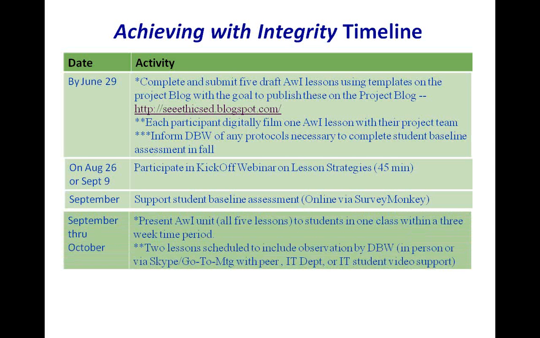And then the big chunk, or the important thing, is actually presenting your set of lessons in one class, and to do so preferably within a 3-week period. That way there's some kind of confined time period and continuity with respect to running through the series of lessons.